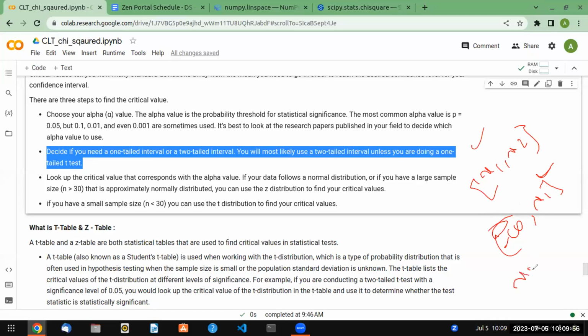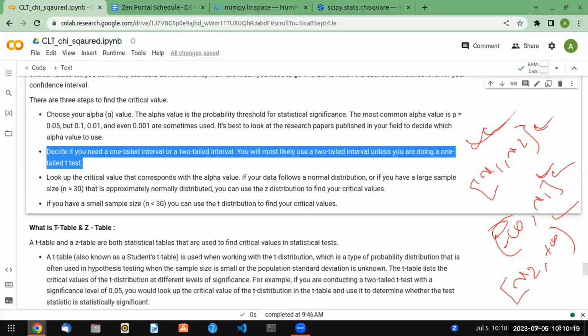Similarly, x2 to plus infinity is also an example of 1-tailed. That is how you define your interval, with 1 point or 2 points. This is called a 1-tailed or 2-tailed interval. But we'll go with the 2-tailed interval, which will be easy for us to understand.